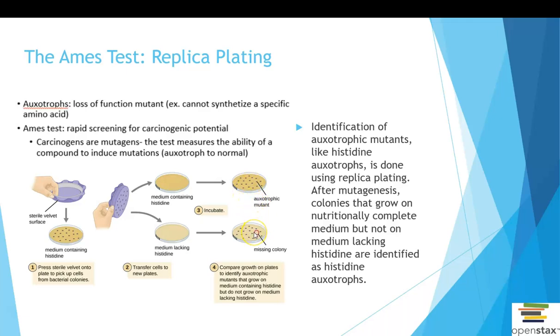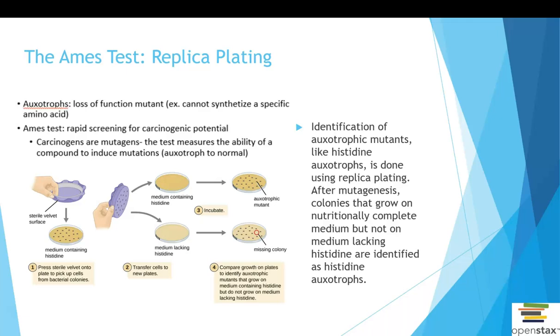They compare to see which bacteria is missing in the culture that lacks that amino acid. If that colony is missing, it means this bacteria is not able to make histidine to grow in the media without histidine.